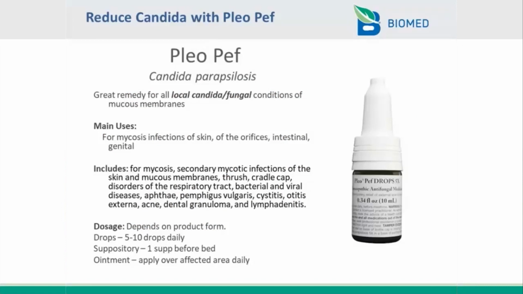PEF really shines there, and it is also a more gentle Candida remedy. So if you have patients that are very sensitive, PEF will often be the one to start on first. PEF works really well with kids with cradle cap. If you have new moms, new babies, PEF is definitely one to use on them, and it comes in many forms: drops, suppositories, ointment. Definitely have PEF as part of your repertoire.